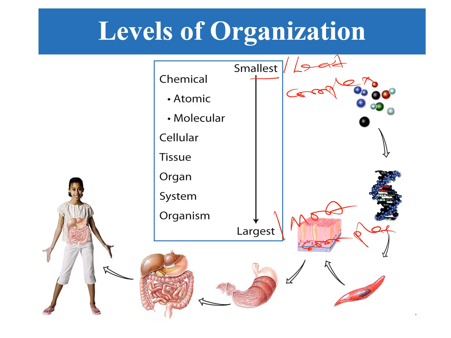Coming in as the first level of organization is the chemical level. You have to understand that all matter is made up of elements, and these elements include hydrogen, oxygen, and nitrogen. There are some other elements, but I've just mentioned a few.